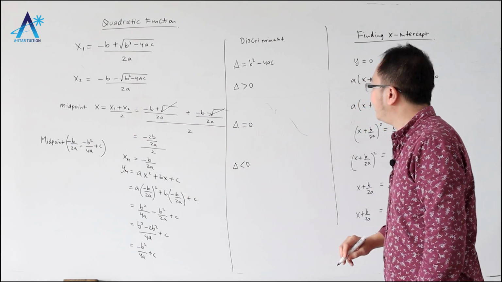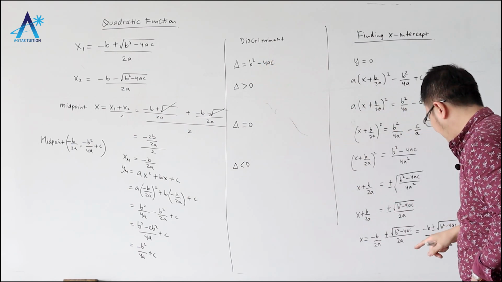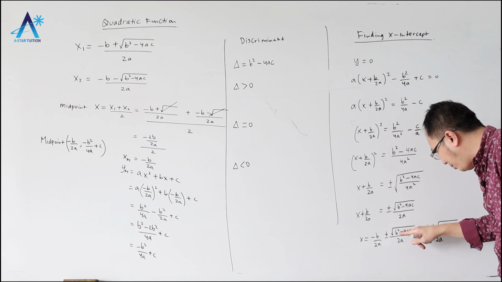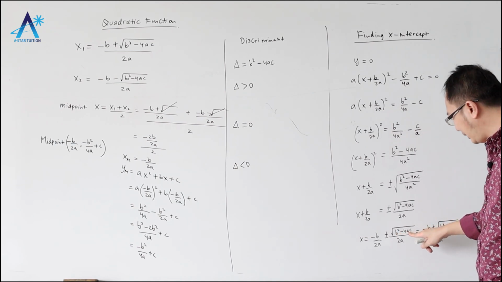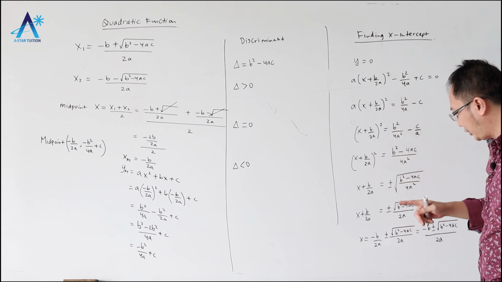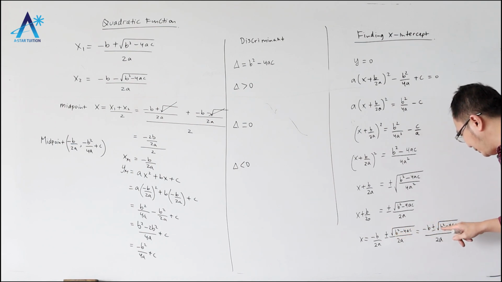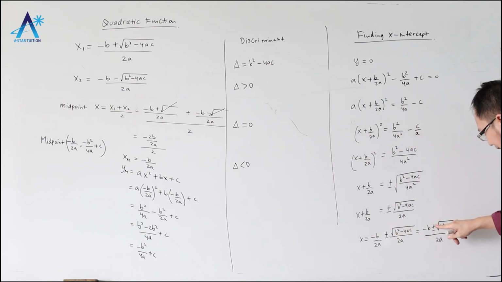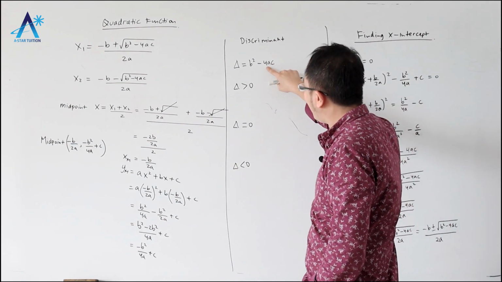Okay, now when the discriminant is positive, so this b squared minus 4ac is positive, then the quadratic function has two distinct real roots. Okay, why two distinct real roots? Because there is a positive as well as a negative solution here.